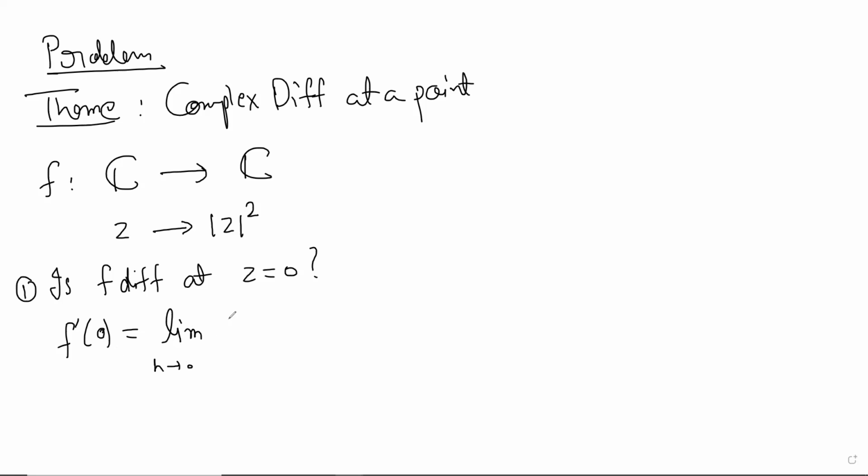Just f of 0 plus h, which is just |h|^2, minus f of 0, which is 0, divided by h. And we need to take the limit of this. So does this limit exist?